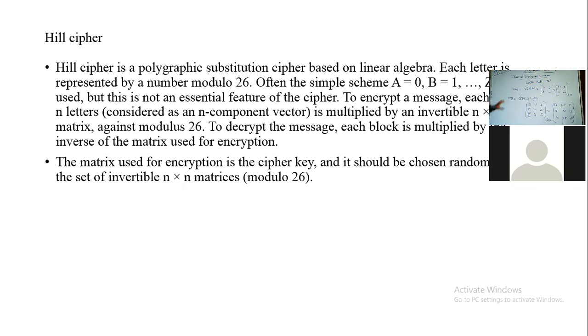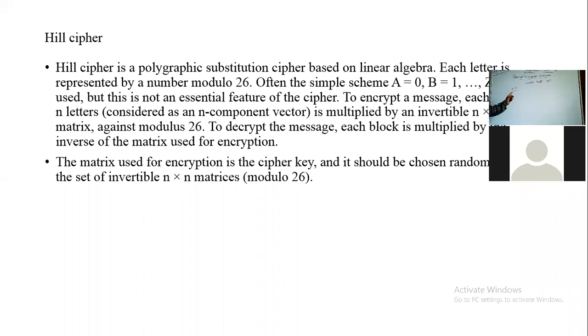Okay, so this is the concept of how to convert the key into the matrix form. It is very important. We have to convert the key into a matrix. Second thing, plain text.